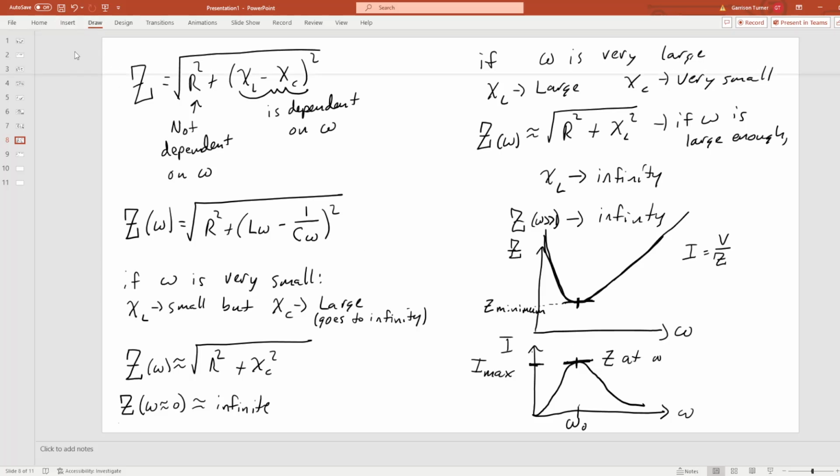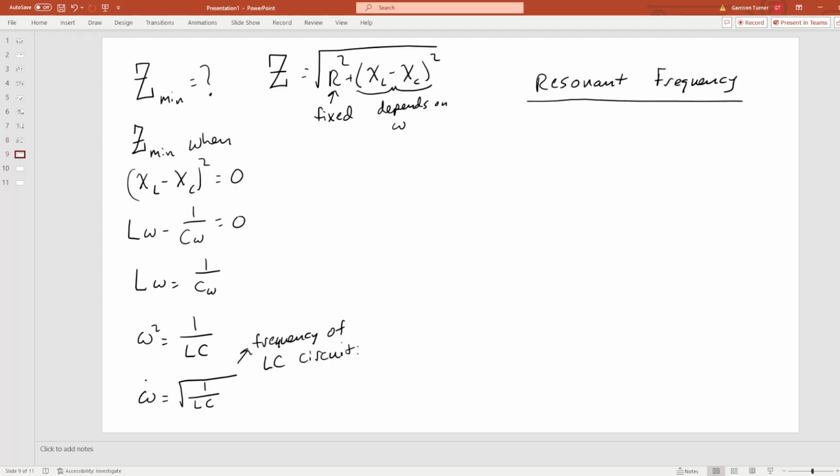It is the omega at which Z equals R. So this resonant frequency is the angular frequency that maximizes the current.